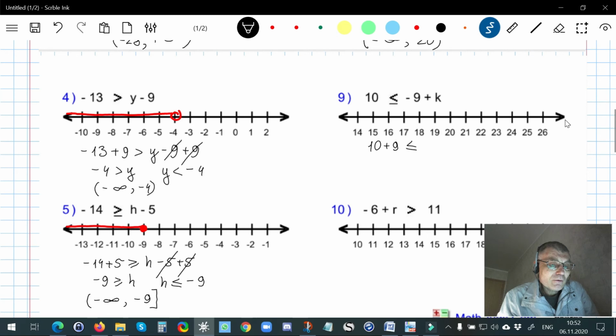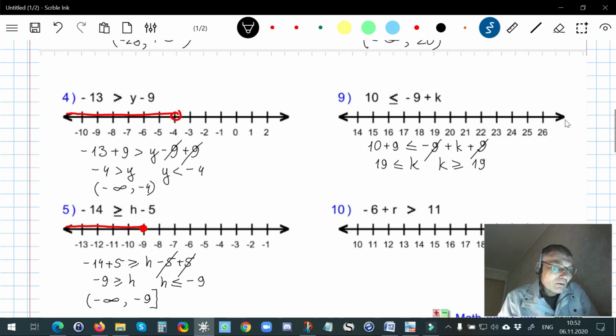Less than or equal to negative 9 plus k and plus 9. So to isolate k, 19 is less than or equal to k, which means that k is greater than or equal to 19. Here it is.